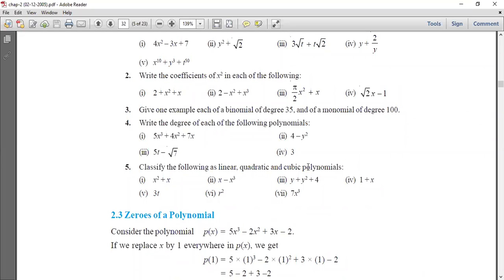Anyone who doesn't have it? Ma'am, could you send NCERT? Okay, fine, I will send you. So NCERT and RS Aggarwal first exercise, you are finishing. I will send you both. Then we will start with science right now.